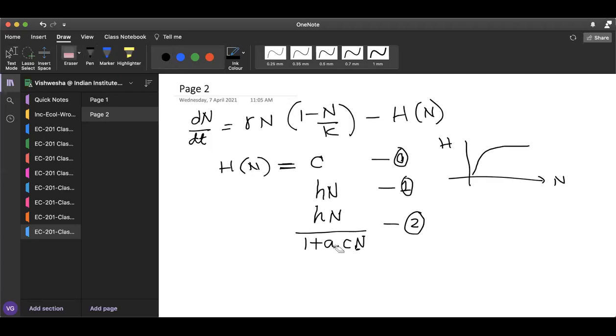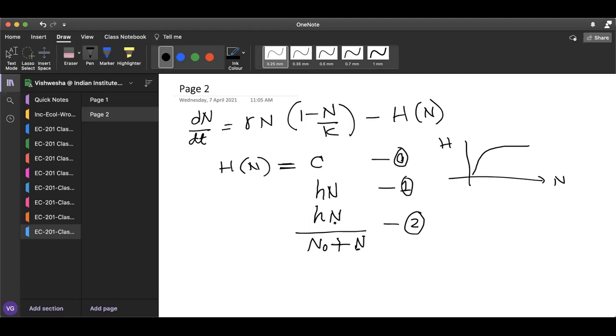Let's write this in a slightly different way. Let's write them in the same units in the denominator: N0 plus N. Now, what's nice about this kind of notation is that what's the maximum value the harvester can take now?